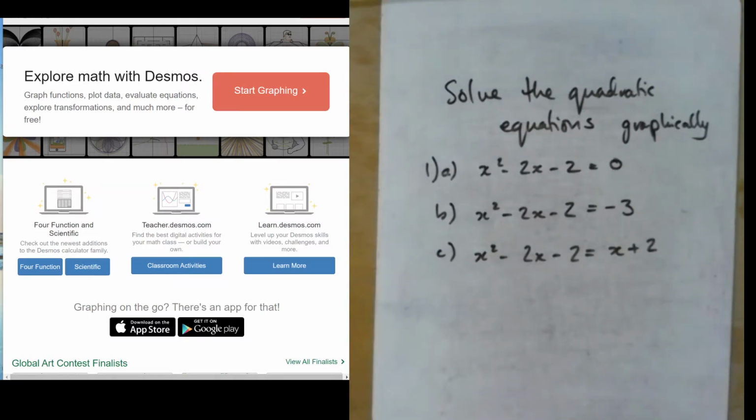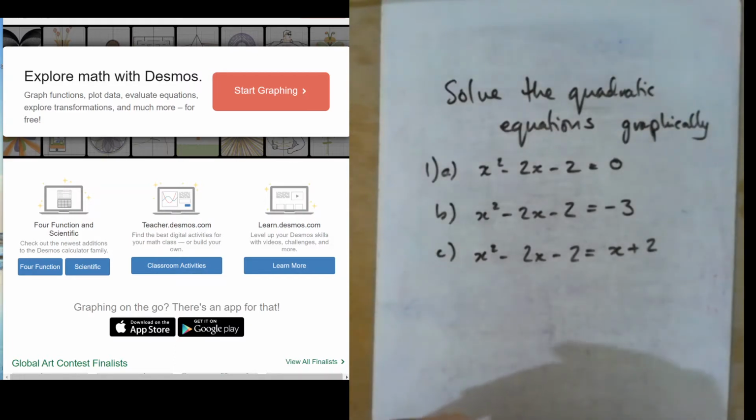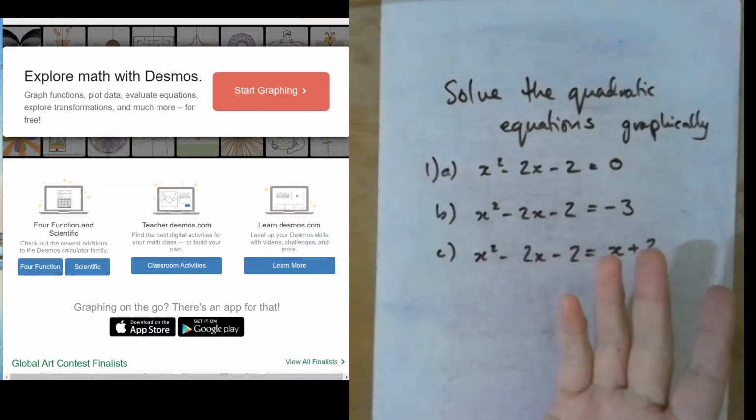As we're not in class, we can't be drawing them, so rather than asking you to print out graph paper and draw graphs that way, we're just going to use Desmos, which is an amazing website with the link in your classroom. You're just going to draw the graphs and solve it.